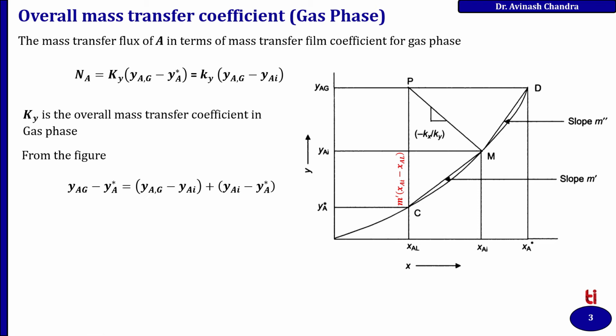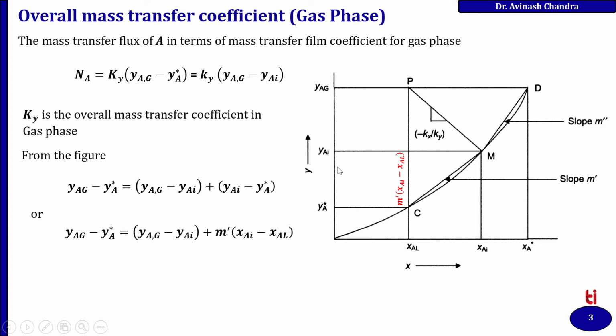From the figure, yAG minus yA star equals yAG minus yAI plus yAI minus yA star. You can see yAG minus yA star is written in terms of yAG minus yAI, meaning this length, plus this length, yAI minus yA star.